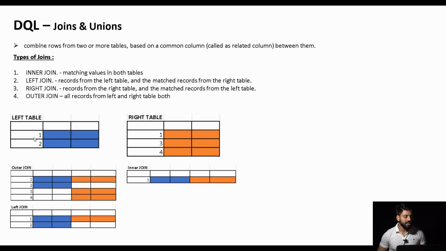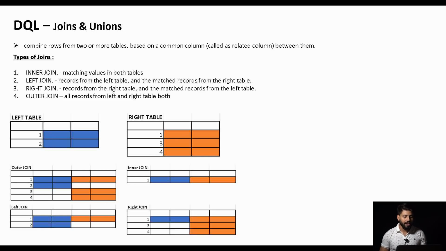Here you can see that we have 1 and 2, that is all data from the left table, and the common one, that is 1, correct? 3 and 4 are not present in the left table, so they will be discarded in this scenario, and ID 1 is mapped to this particular row ID 1, correct? So only common data has been taken from the right table, that was 1, and all the data from the left table.